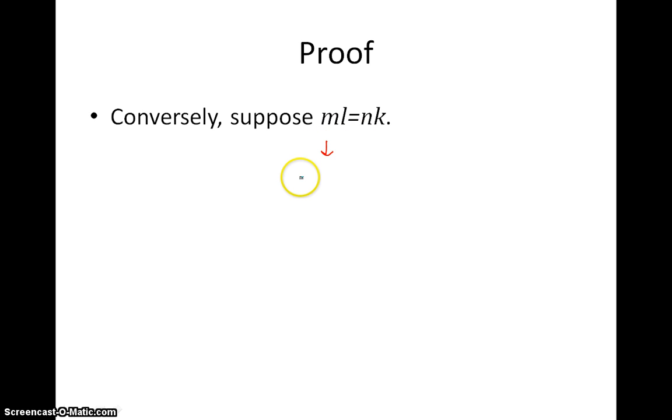I'm going to write m over n. Okay, and I'm going to multiply it by the constant of L. I'm going to take this, and I'm going to write n times k over n times L.